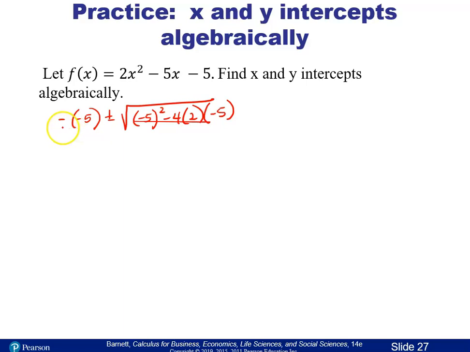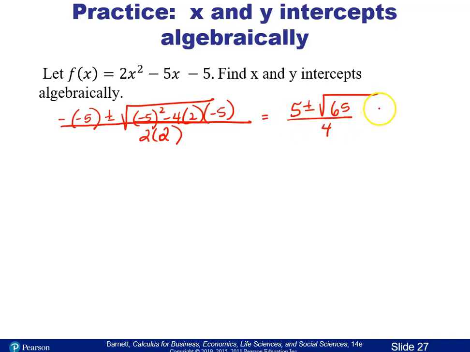Okay, so on this one, we just have to then divide this by 2 times a, which in this case is 2. Okay, we'll simplify this, so we'll have 5 plus or minus the square root. The part underneath the radical here looks like if you type that in your calculator, you're going to get 65, and then that's over 4.